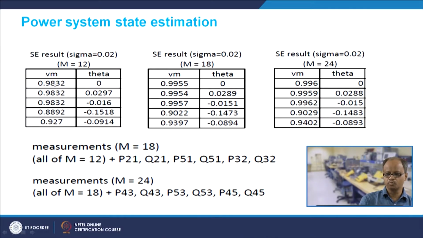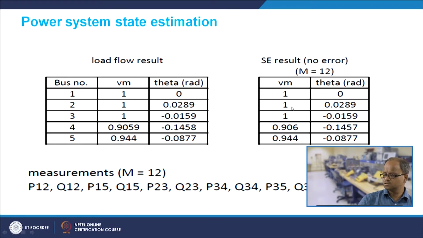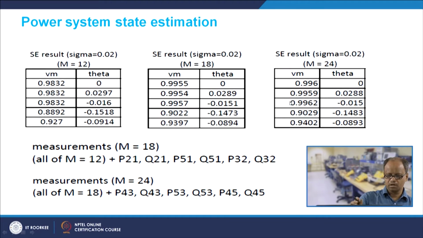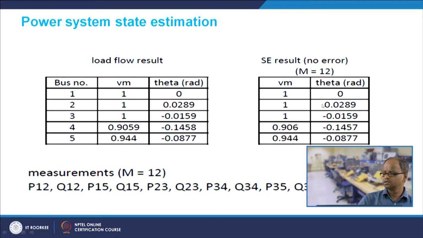So when I take this error and utilize the same 12 measurements, now we get completely different values. Earlier these were maintained at 1, but now these values have completely changed.